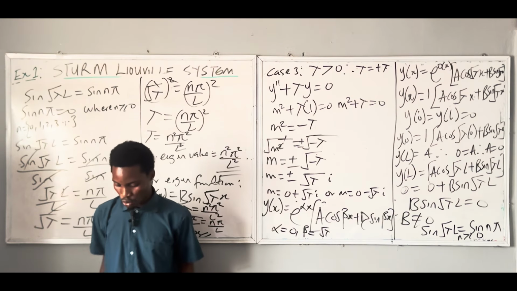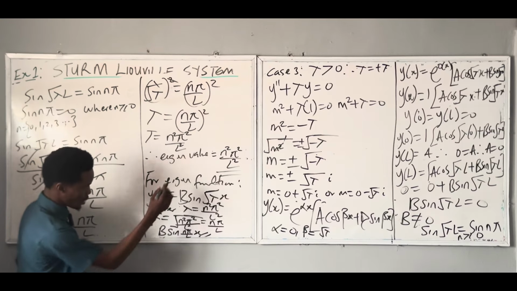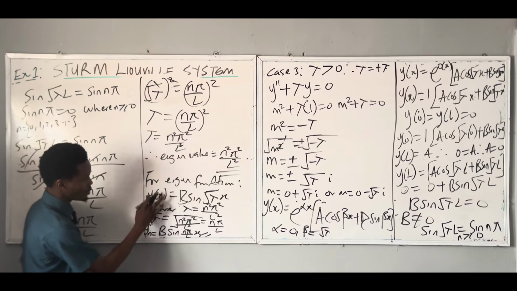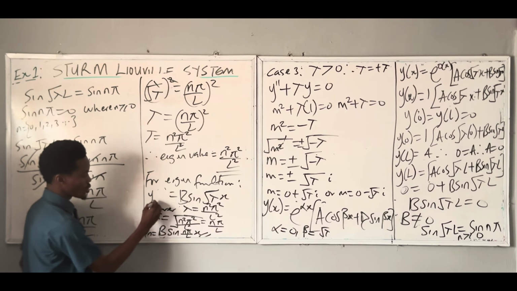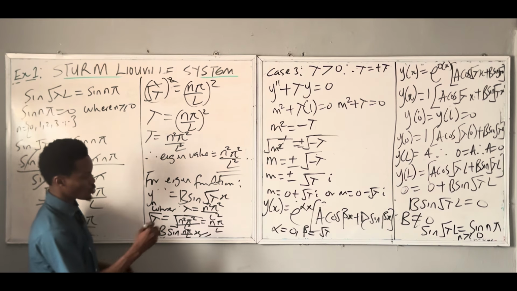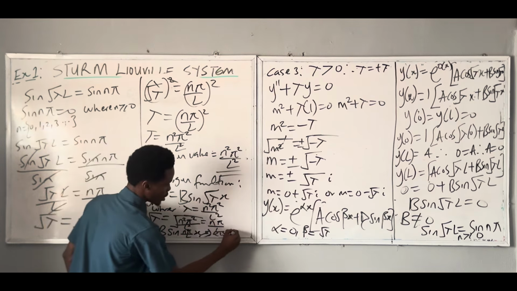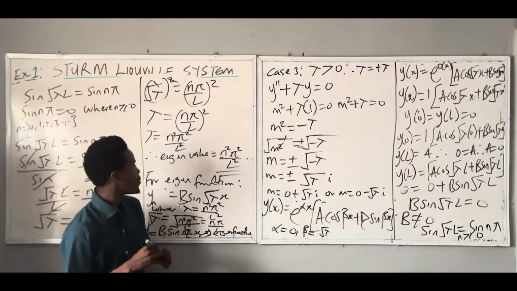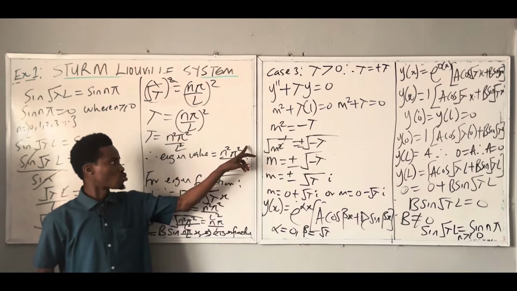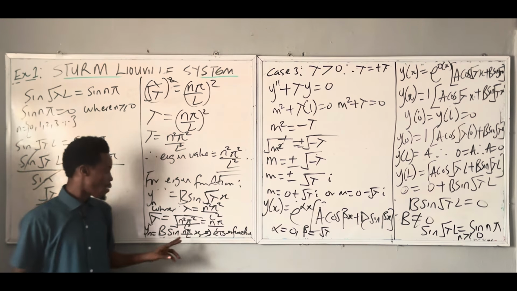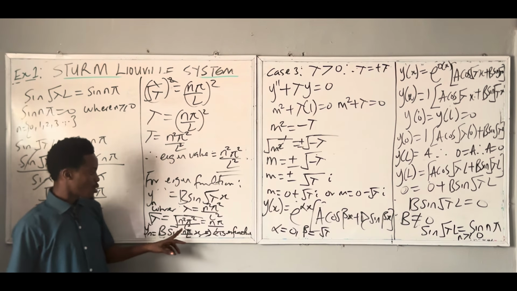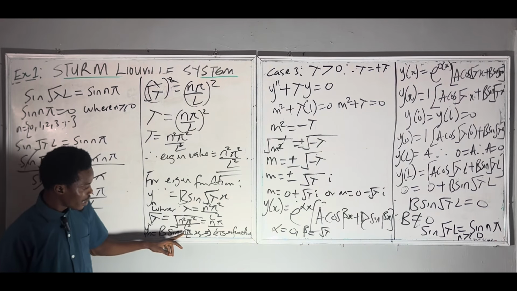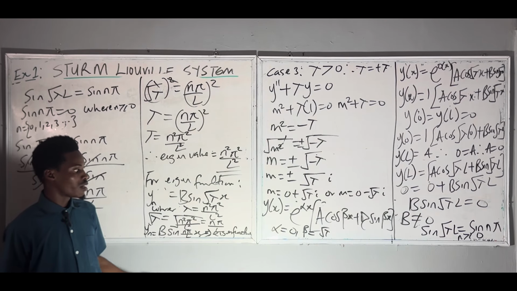So my y of n will now be what? That is my eigenfunction. Therefore, my eigenvalue is n squared pi squared all over l squared, where my eigenfunction is B sine n pi over l x. I explained how we got it.